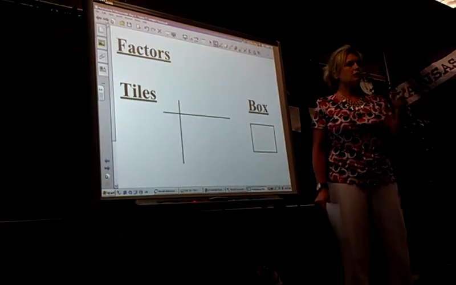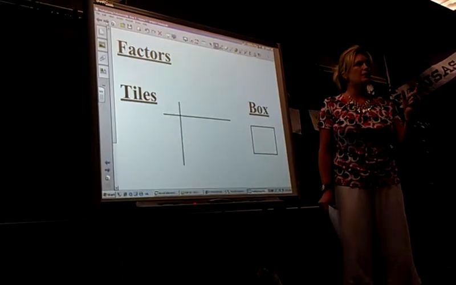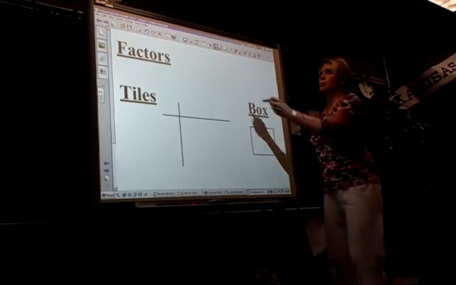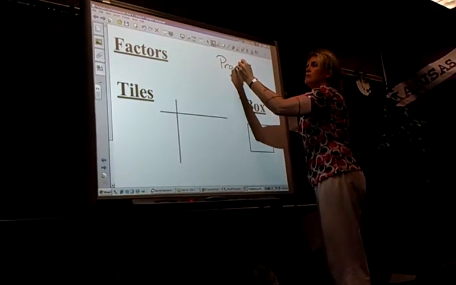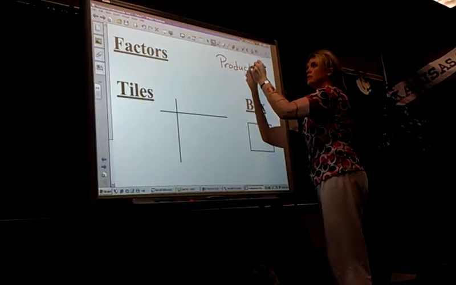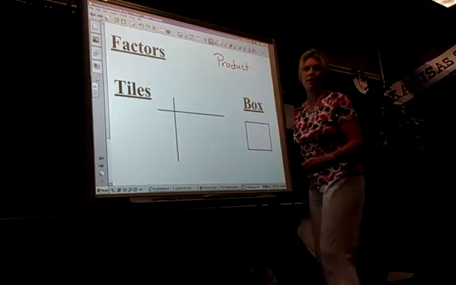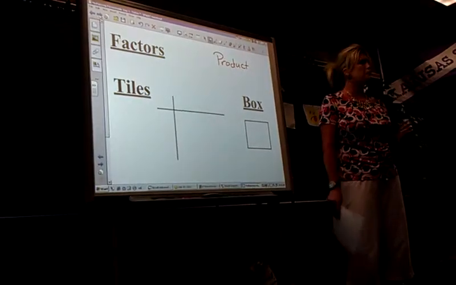When you're talking about factors, factors are numbers that multiply together to get something. What the factors multiply together to get is called a product. We're going to start very basic, because back when you were little, you learned how to multiply.